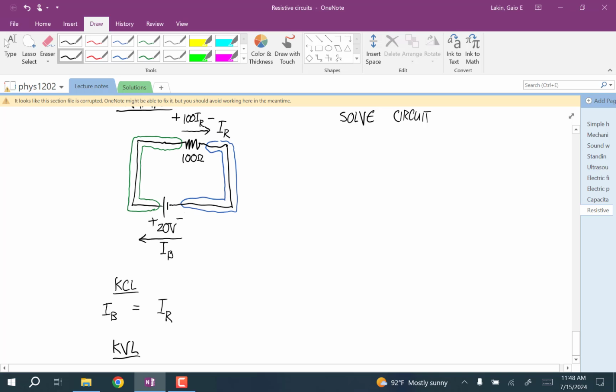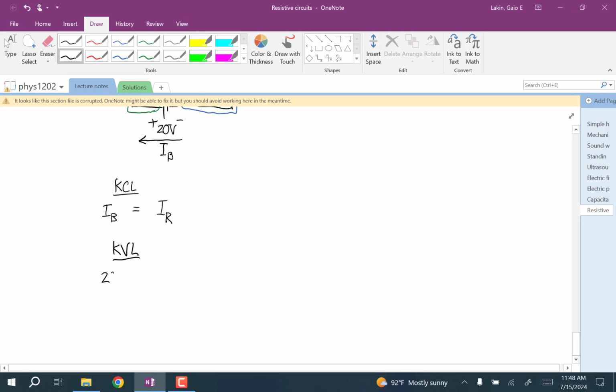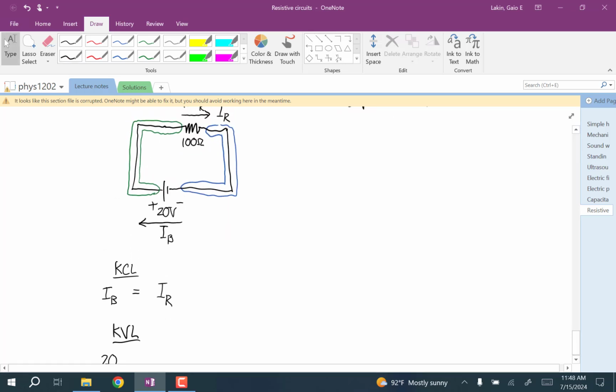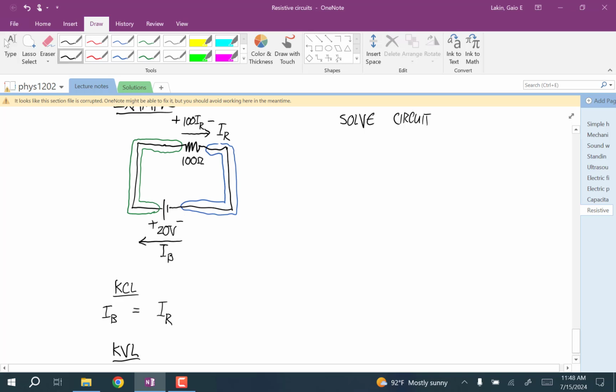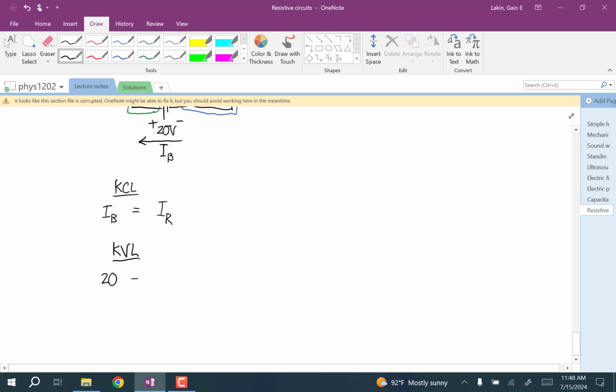Okay, so I'm going to go around this loop clockwise. It doesn't matter which way you go. You can go either direction. And so going clockwise, we have a voltage rise of 20. And we have a voltage drop of 100 times IR.